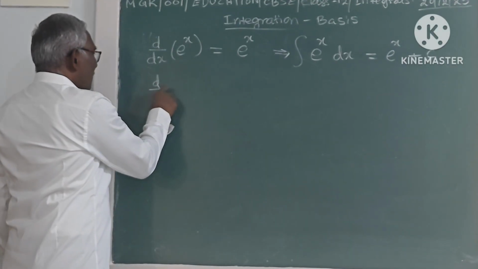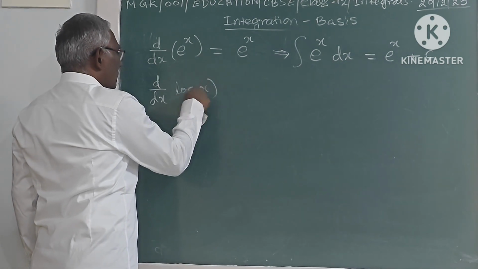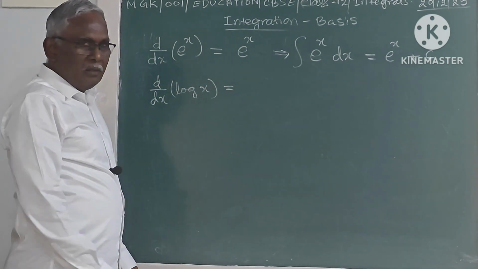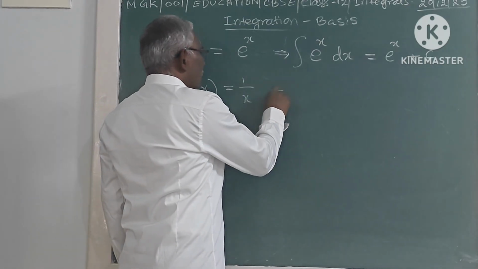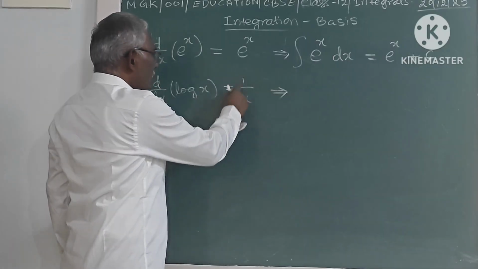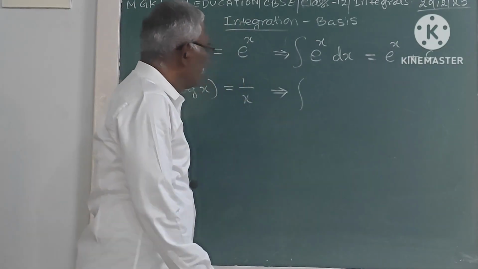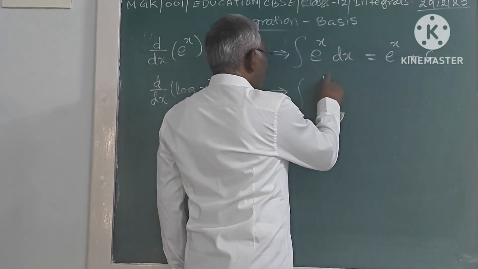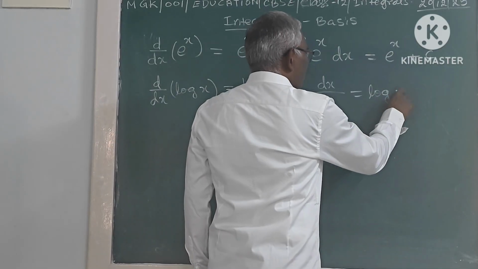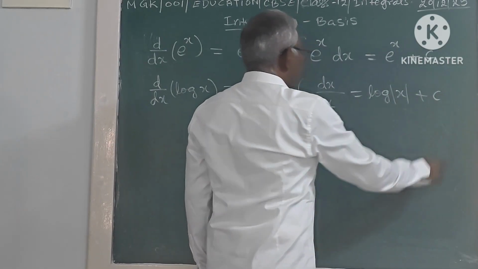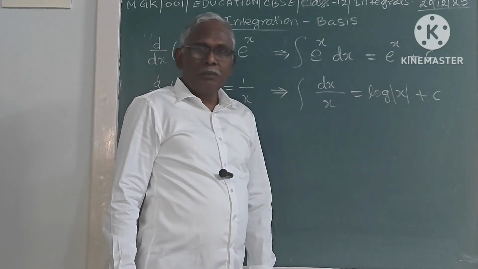Again, what is the differentiation of log x? It is 1 by x. This gives integration of 1 by x is log x plus constant. Integral of dx by x gives log x plus constant.